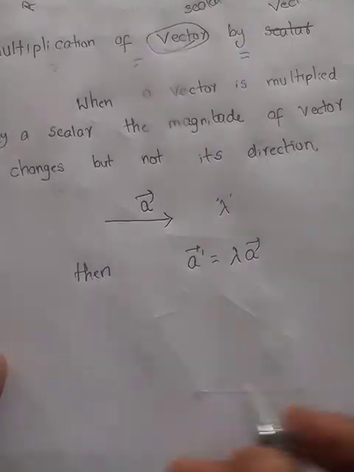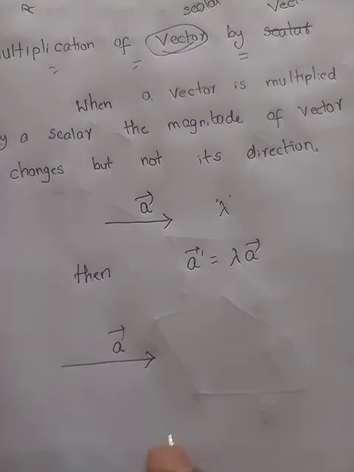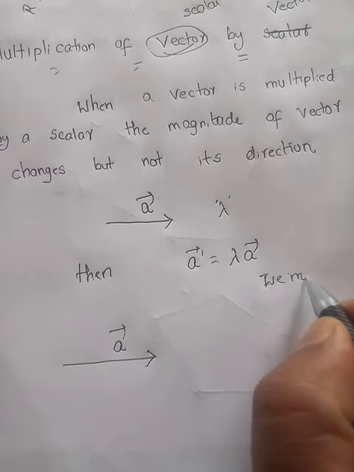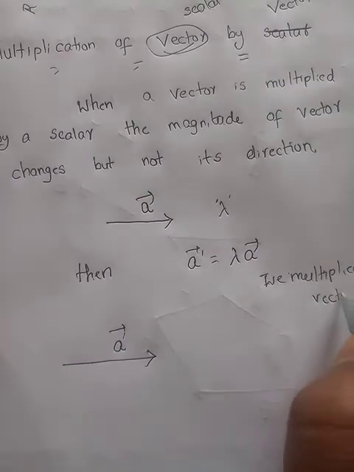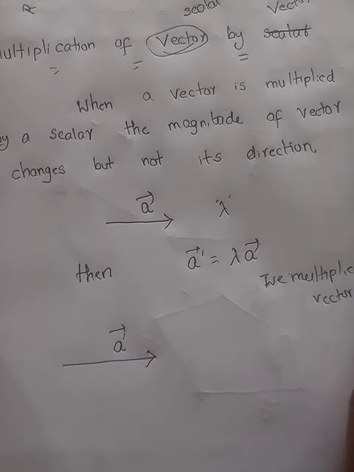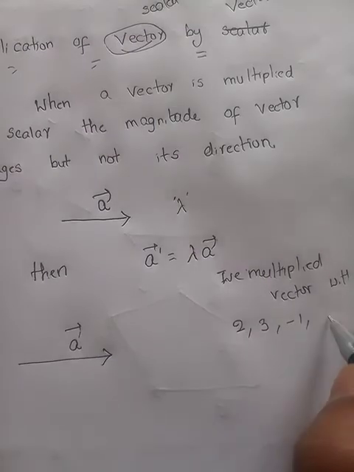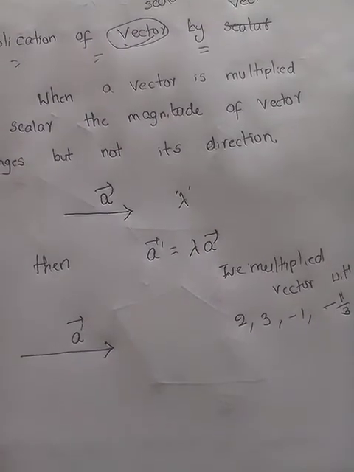Means, for example, I have vector a bar. We multiplied the vector a bar with scalars 2, 3, minus 1 by 3. Is it right?